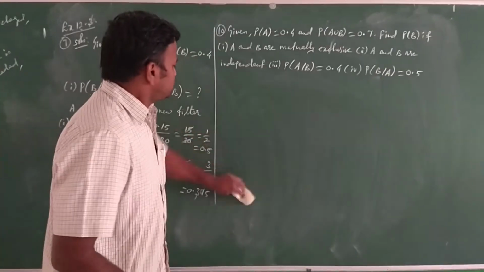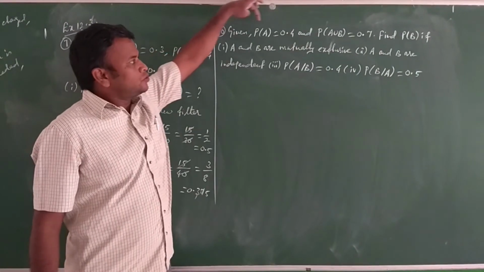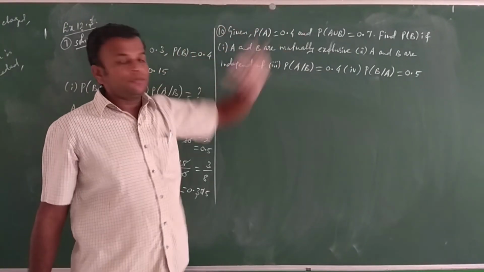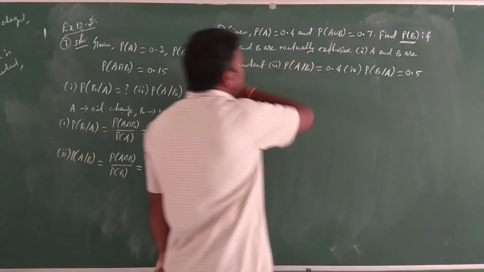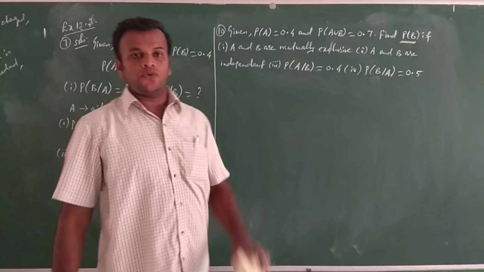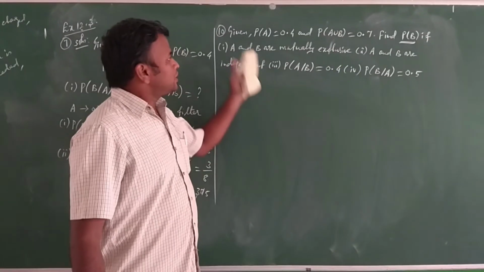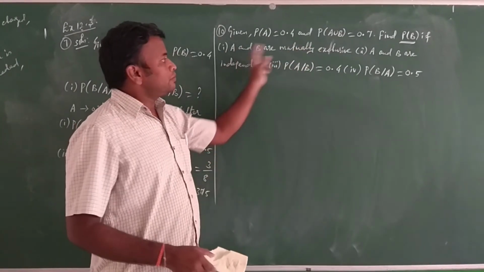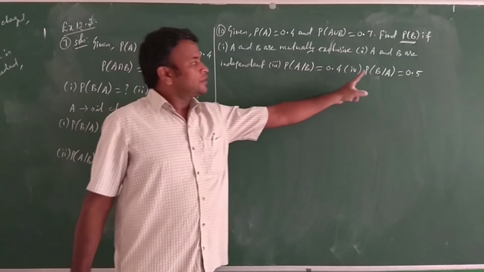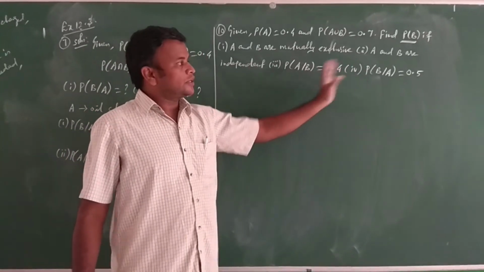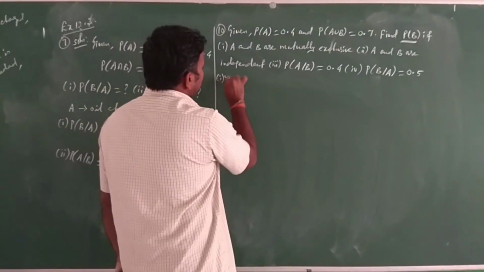Now we move to the next one. Two values are given, P of A and P of A. Our question is to find P of B in all the 4 cases: 1, 2, 3, 4. In all the 4 cases, we find the same value P of B, but different values are given. The first one, A and B are mutually exclusive. Second one is independent. Third and fourth are both the same. Some values are given to find P of B. First, we see the first one.